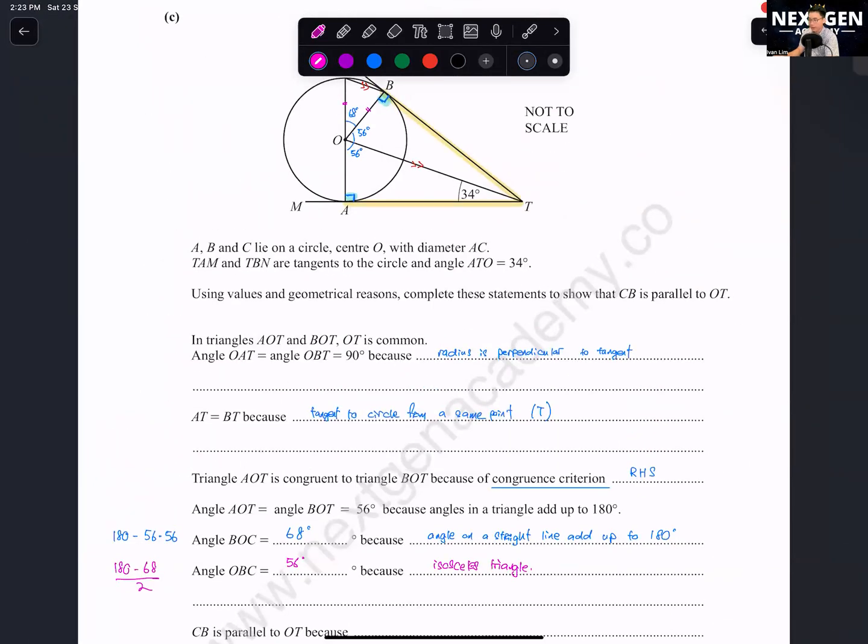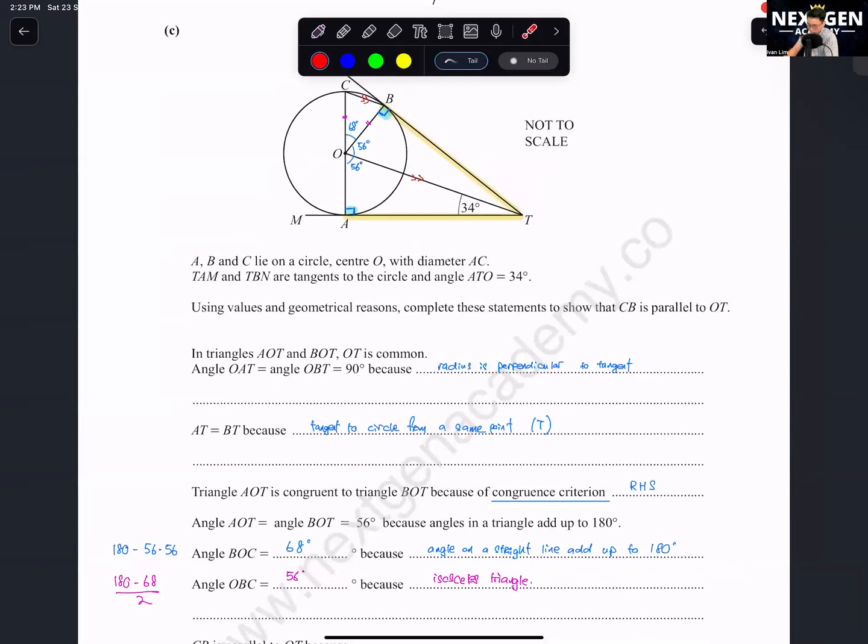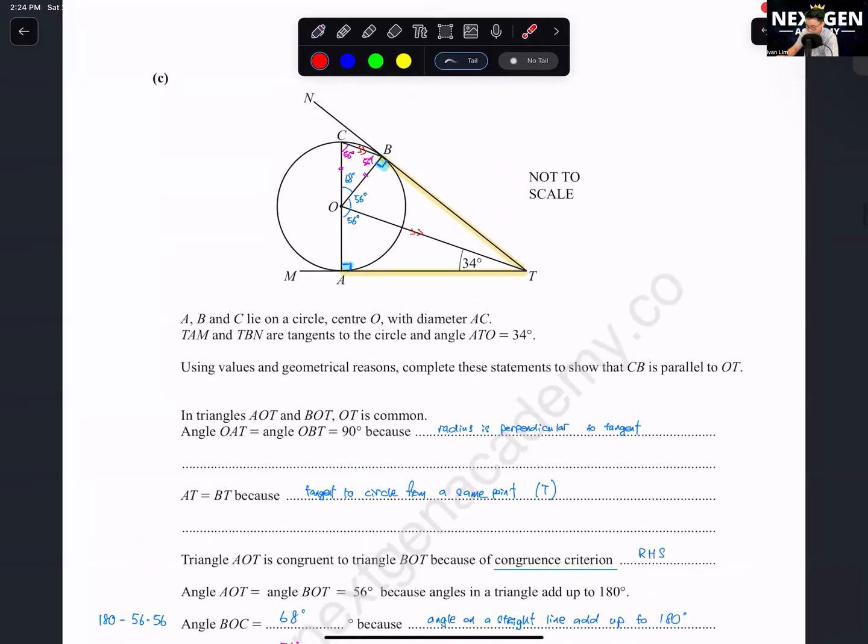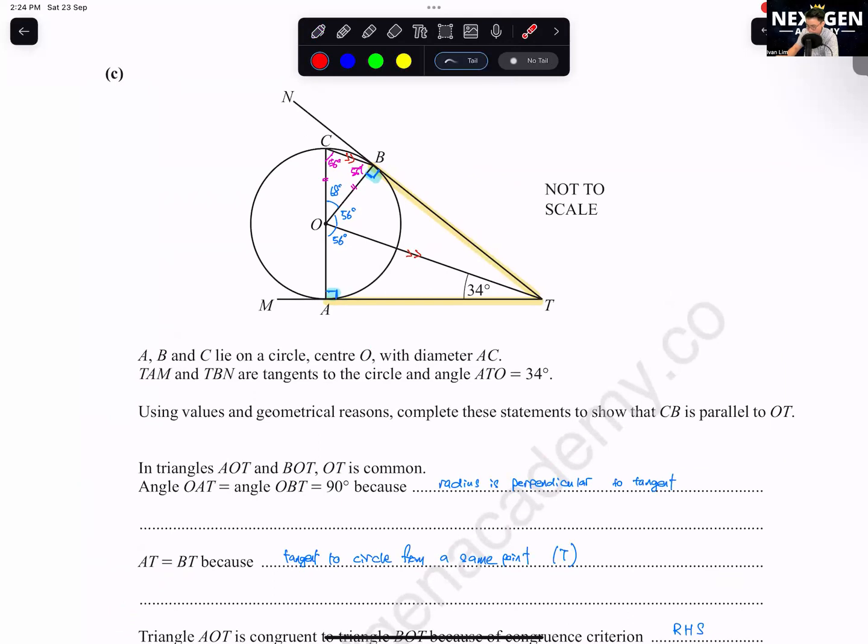So what can I conclude? That this and this, they are the same with each other. Okay, they are parallel to each other. So you see over here, you have to look at the overall picture right now. I want to prove that CB is parallel.